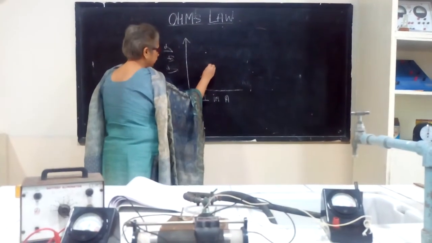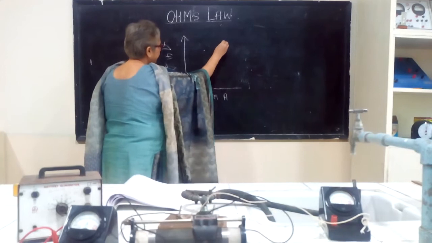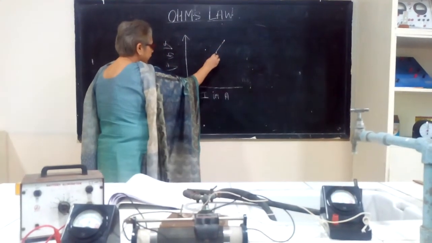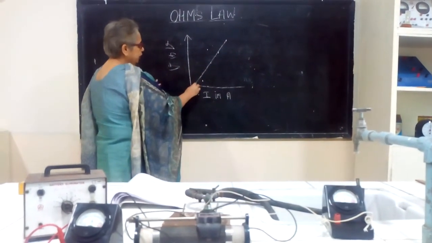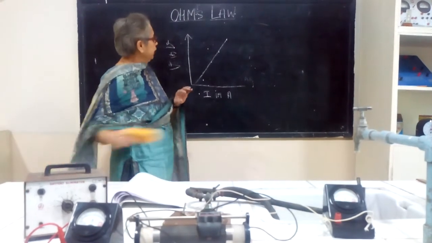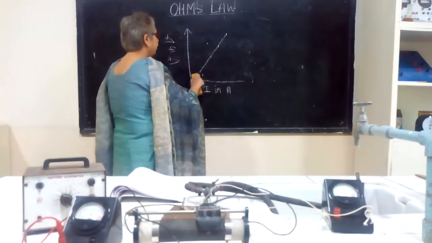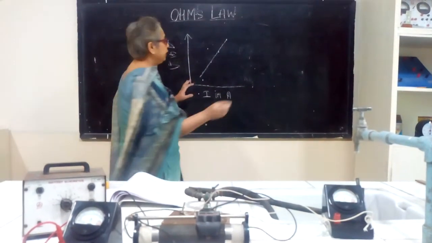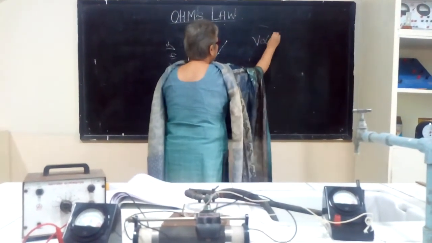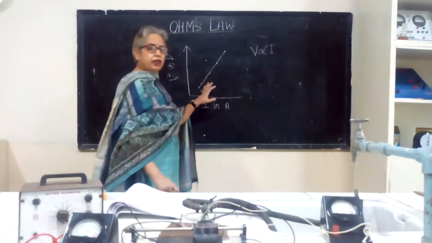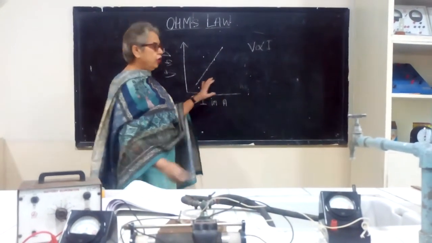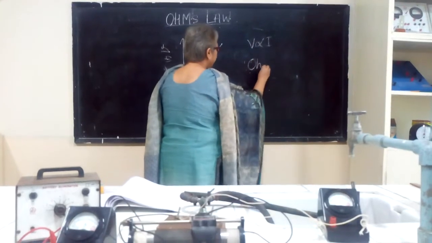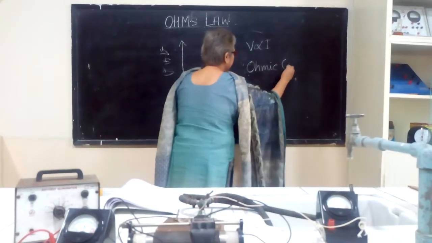Then you plot the graph and you find that all the 3 are in a straight line. Okay, when such a graph is there, it shows that both the physical quantities are in direct proportion, and this type of graph is called the graph of an ohmic conductor.